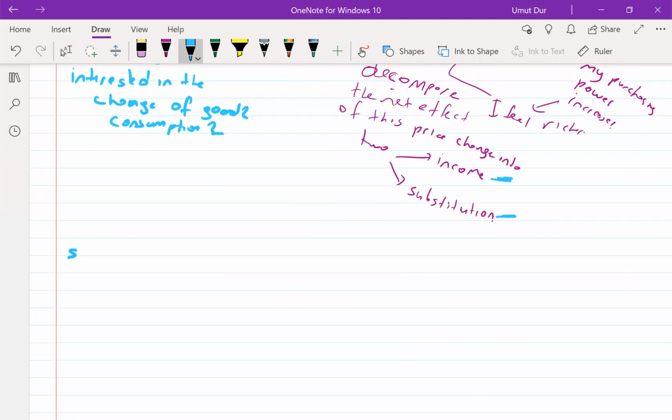So the substitution effect is defined as follows.